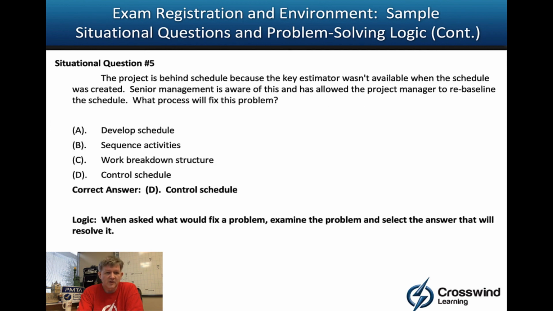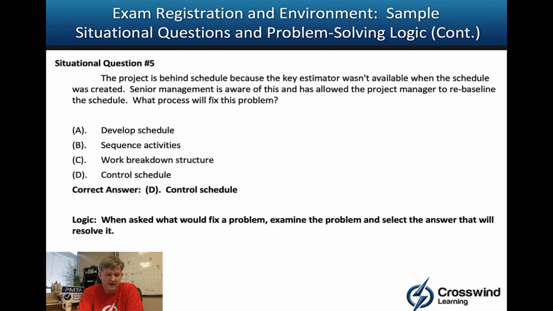Now, situational question number 5. The project is behind schedule because the key estimator wasn't available when the schedule was created. Well, that's a problem right there from the start. Senior management is aware of this and has allowed the project manager to rebaseline the schedule. What process will fix the problem? Okay. So they've been allowed to rebaseline the schedule.